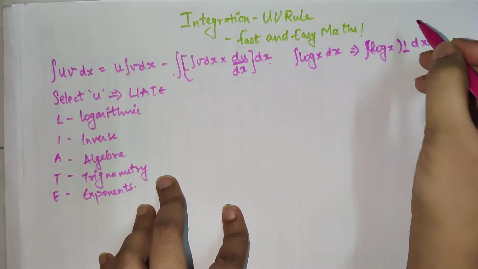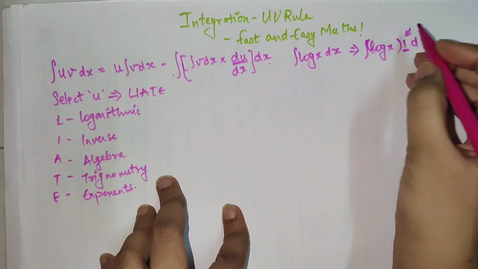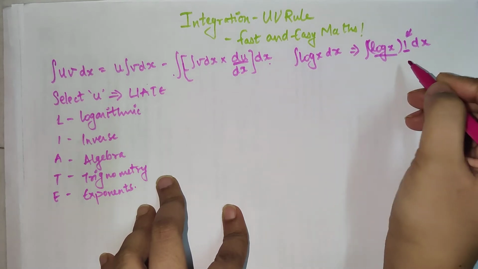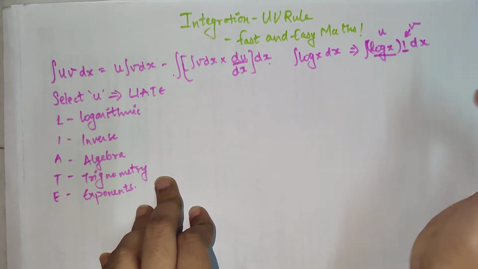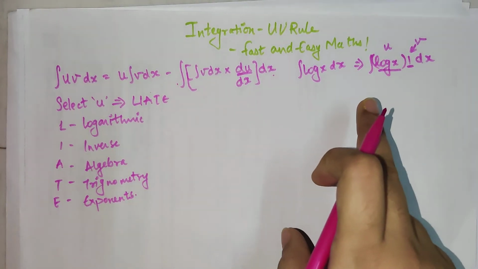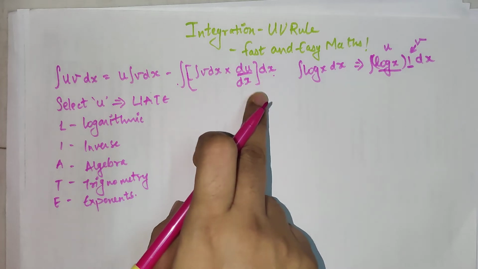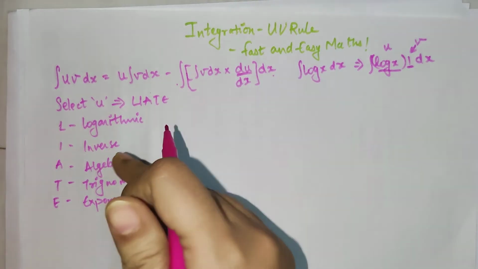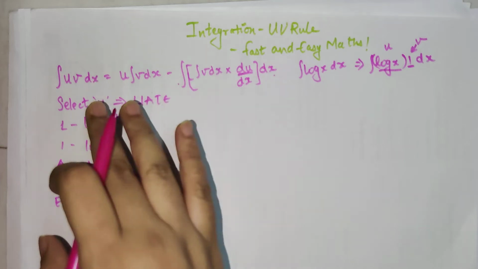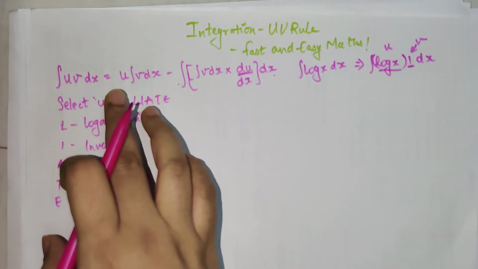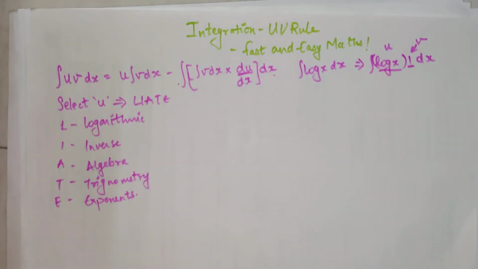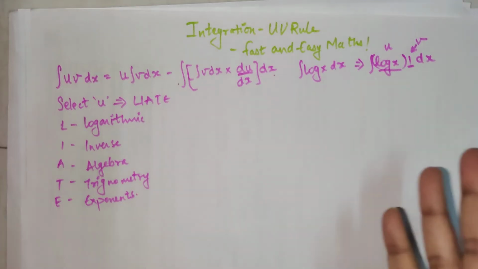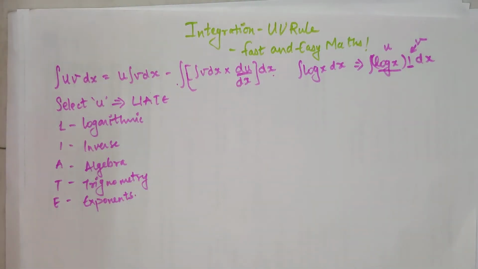Now 1 is taken as the algebraic function, and log x is the logarithmic function, so log x will become your U and 1 will become your V. Why is it like that? Because if you look at your entire formula, nowhere are you integrating U. Wherever U is used, either it is directly getting multiplied or it is getting differentiated. So when you have a question on integration of log x, do not panic, just multiply it with 1 and start using the product rule.